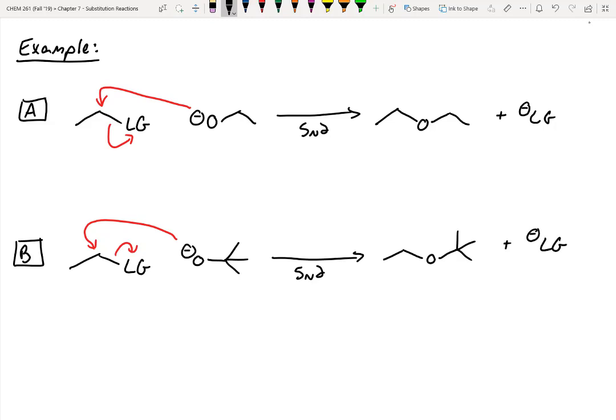All right, thought experiment. Which of these reactions will be more favorable? Check with your neighbor and try to argue. Do you think A is more favorable or do you think B is more favorable?